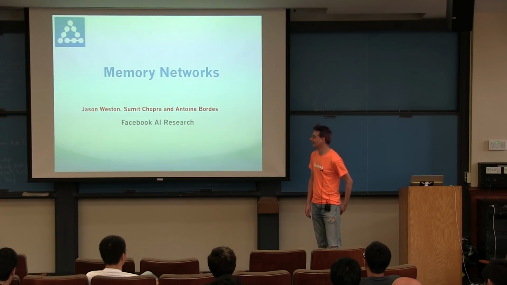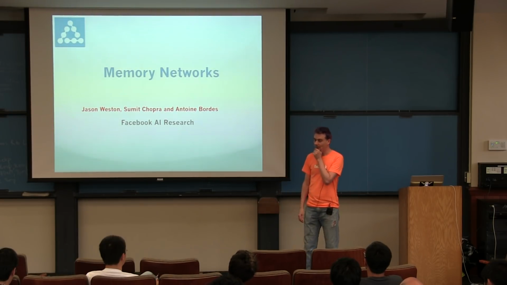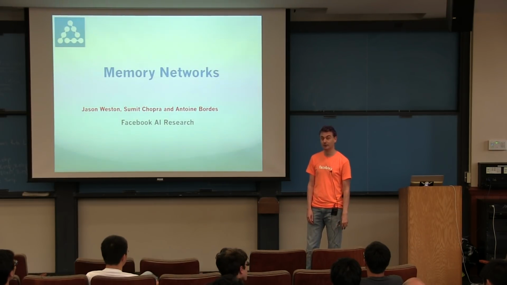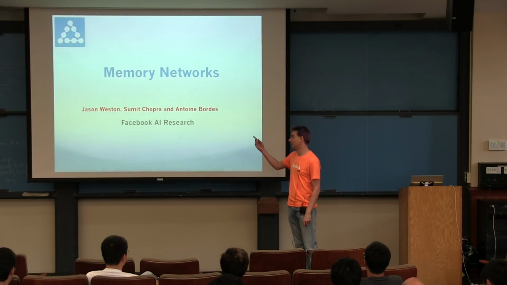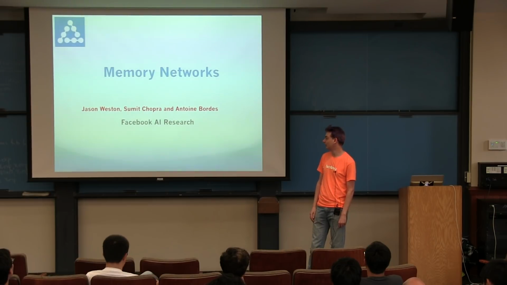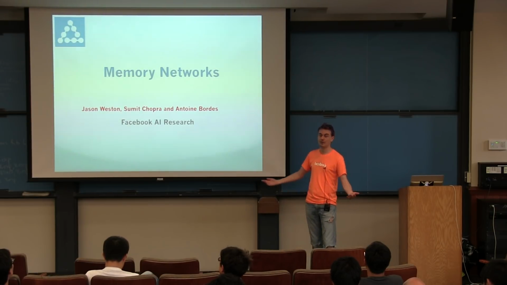So that's me, and I'm going to be talking today about some algorithms that we've developed at Facebook with Sumit Chopra and Antoine Borde, who also work there. They're called memory networks.